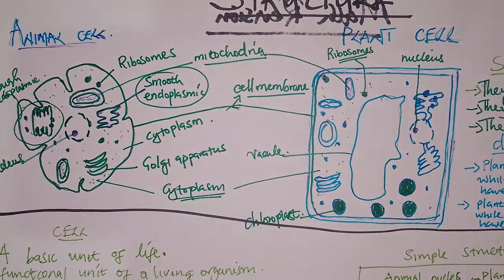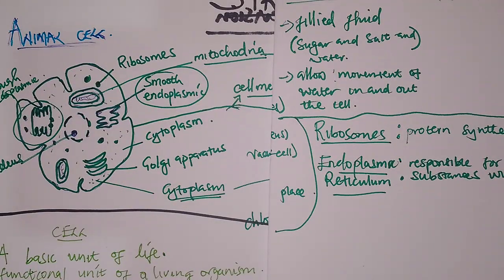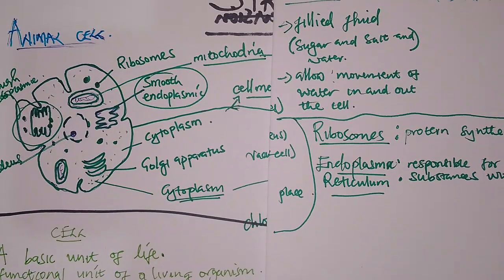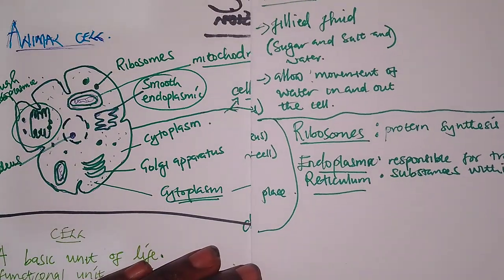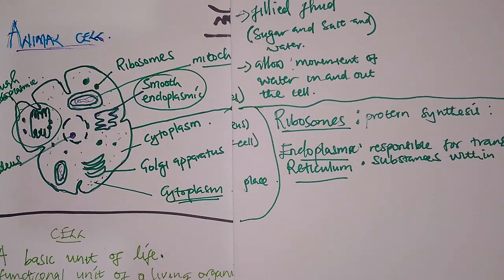I know these words are sounding new, but you'll get used to them. So these are the two types of endoplasmic reticulum. So from your understanding, we said that the endoplasmic reticulum is responsible for what? For transporting what? Substances within the cytoplasm. So meaning if we have two types of endoplasmic reticulum, one is responsible for transporting different substances and the other.